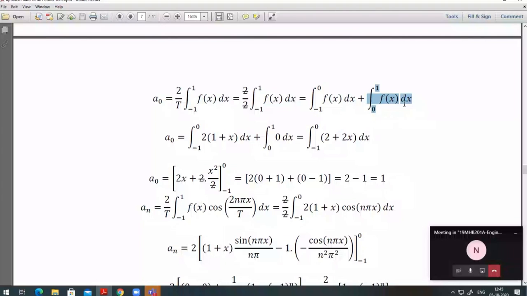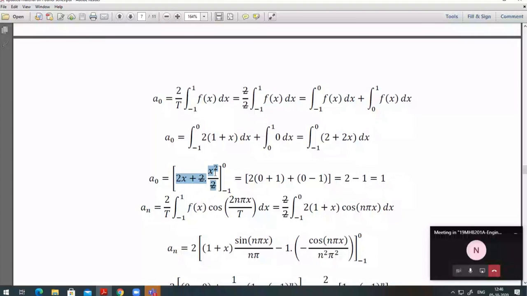After that, we substitute the limits. The upper limit is 0, so both terms are 0, and for the lower limit we get minus 2 and minus 1 square. Minus 1 square value is 1. So minus 2 minus 1, sorry, minus 2 plus 1 is minus 1, and since it is a lower limit, minus of minus gives plus 1.